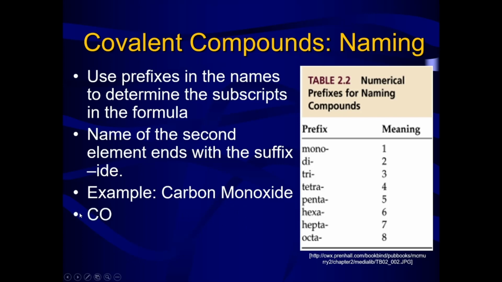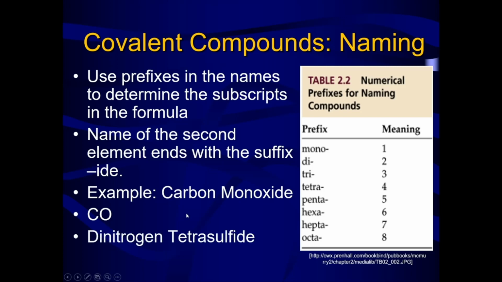All right, so that's how we would write carbon monoxide. One carbon, one oxide. Okay, why don't we call it monocarbon monoxide? Well, for some reason the rule doesn't apply. The mono doesn't apply to the first element, but all the other number prefixes do apply to the first element as well. Mono is the only one that doesn't apply to the first element, but it does apply to the second element.